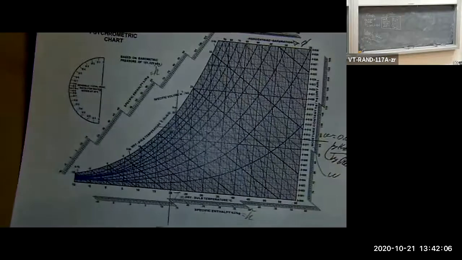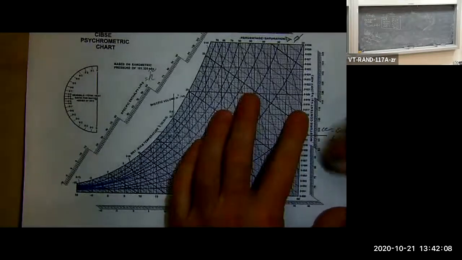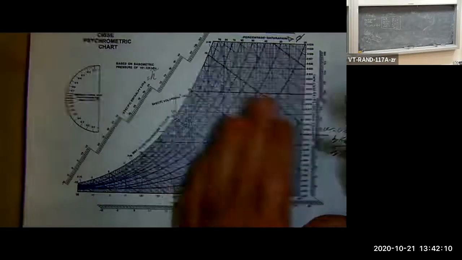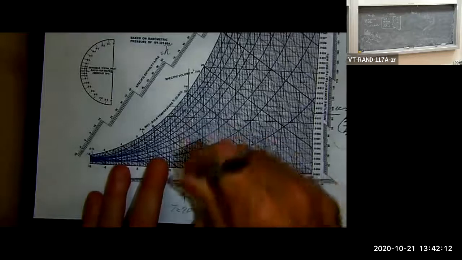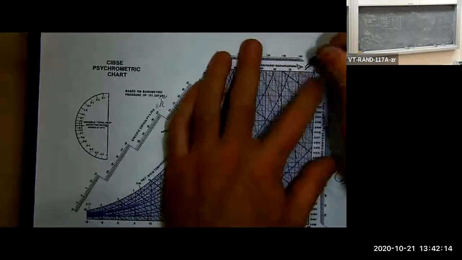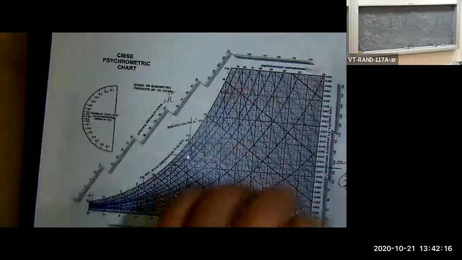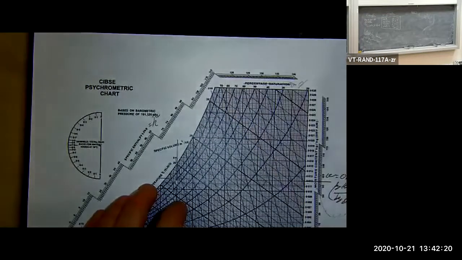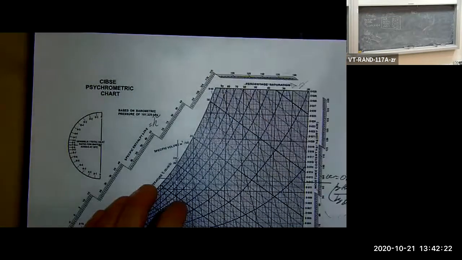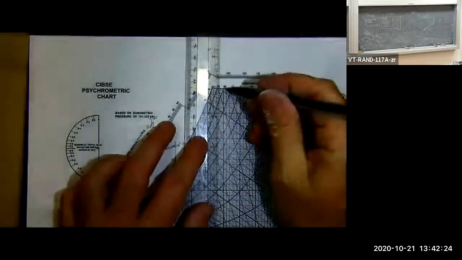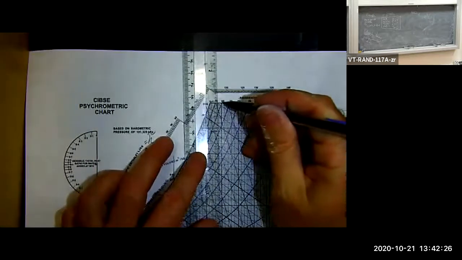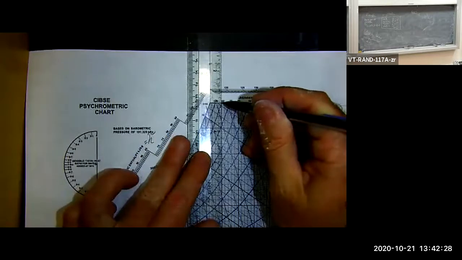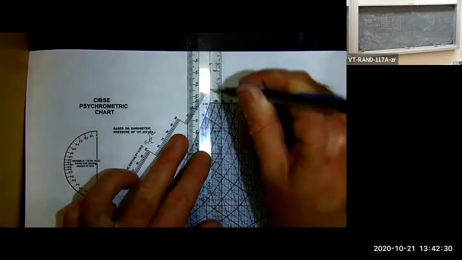Okay, I'm going to get rid of this omega here. I don't need this anymore. In fact, I'm going to get rid of this too. Now let me put up here on the top of the chart, 80% relative humidity. A little bit difficult to see.